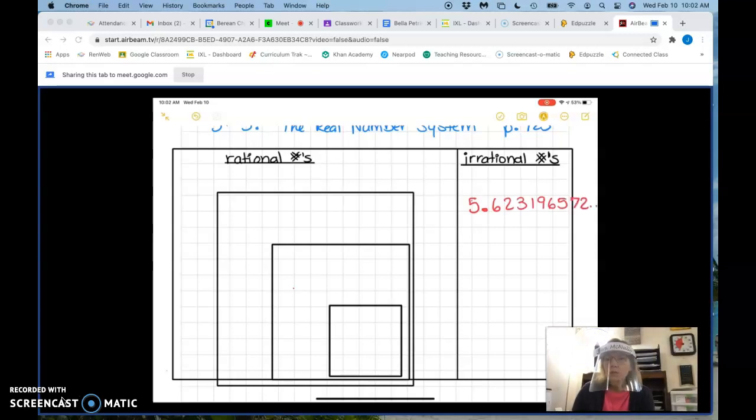And when you see little dots after a decimal like that, that means the decimal keeps going. Now, is there a pattern to those numbers after the decimal? Do any of those numbers after the decimal repeat? No. That is an irrational number. When you divide a fraction out, and it gives you this long decimal that goes on forever, but doesn't repeat or have a pattern, that's irrational.